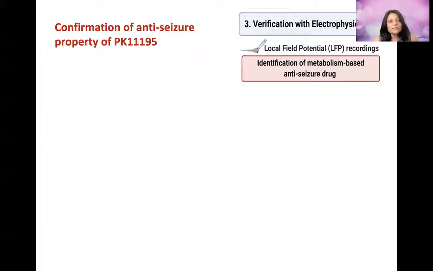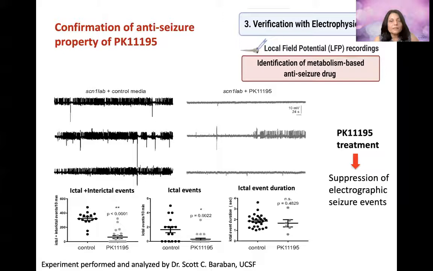The final assay was confirmation of the anti-seizure property of PK11195, and this was conducted by Scott Baraban in his lab. He used electrophysiology in larvae that were briefly paralyzed with pancuronium and immobilized, and conducted an assay for local field potentials.